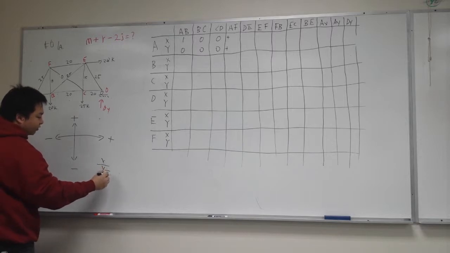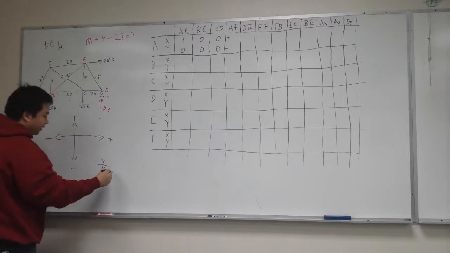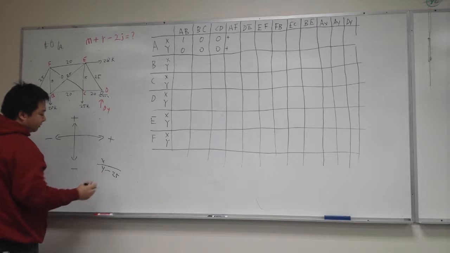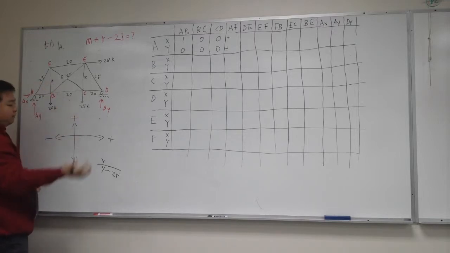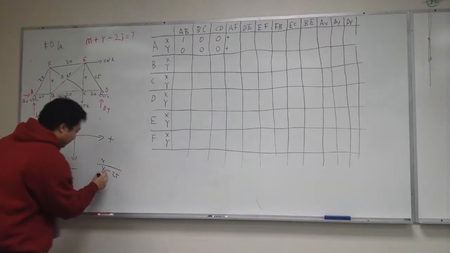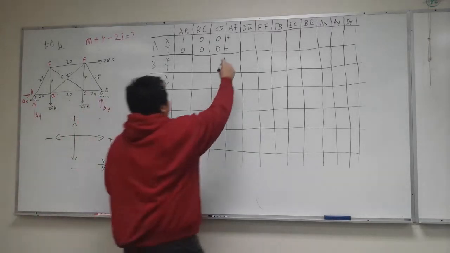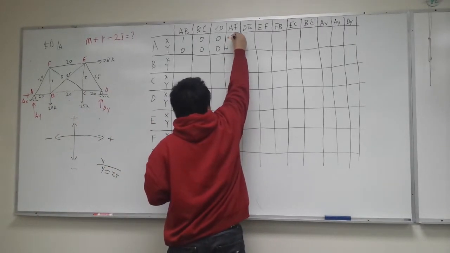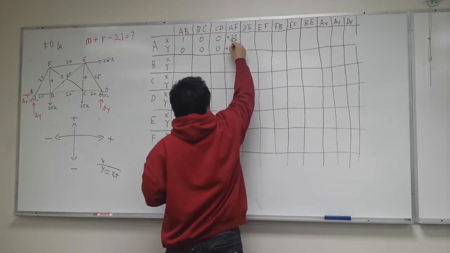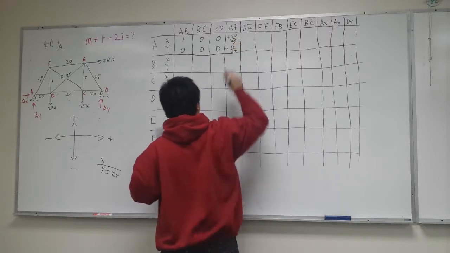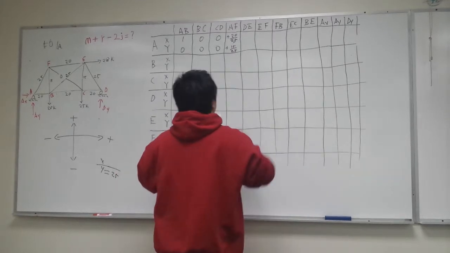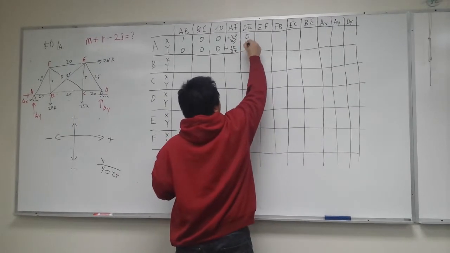This is always your largest number, which is 25. It never changes for the ratio. If you want the x, you see 20, so it's 20 over 25. You want the y component, it's 15 over 25. That makes it easier. So for x, it's 20 over 25, and here is 15 over 25. And no AE, so it's 0, 0.